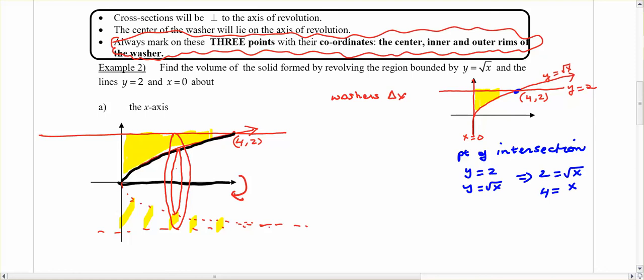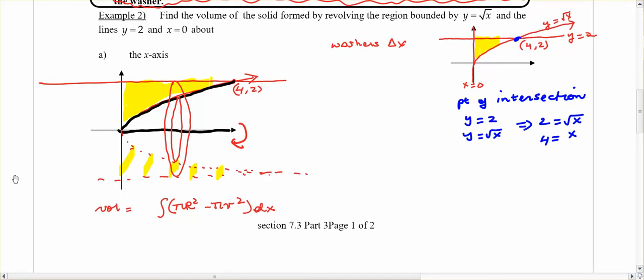And when it's washers, I know my volume is going to be the integral of pi big R squared minus pi little r squared, my thickness was dx. Okay, and my x's are going to vary between 0. I'm going to start at 0 and I'm going to finish at 4. So my x's go from 0 to 4 as I take all my washers going from left to right.